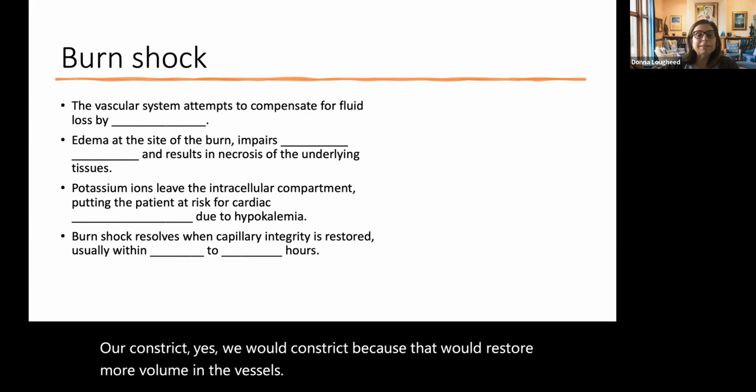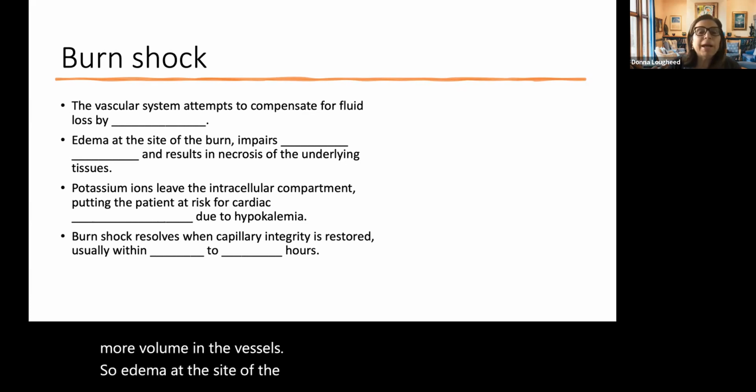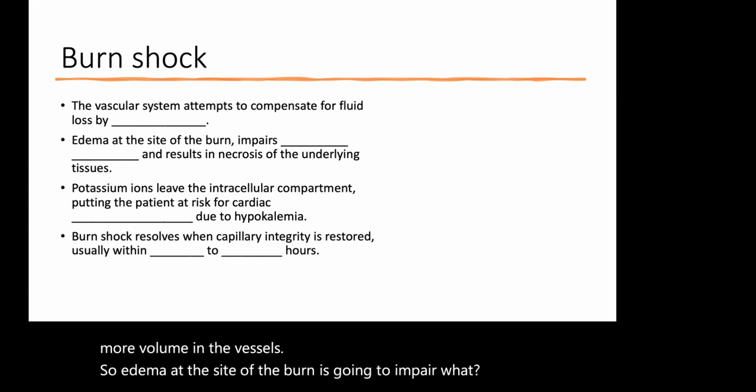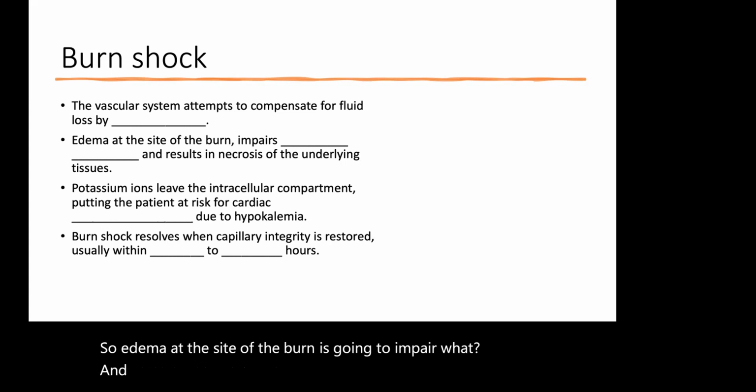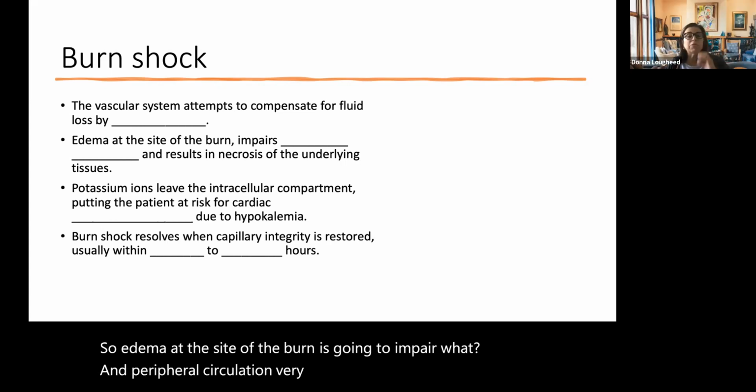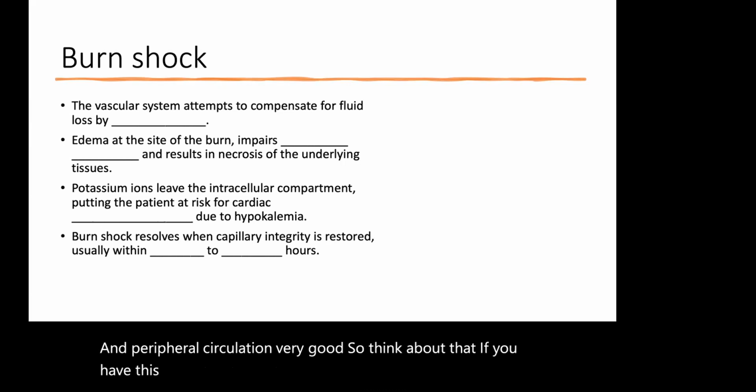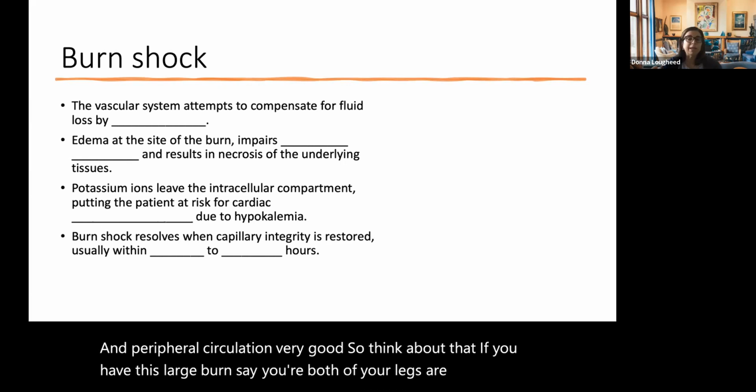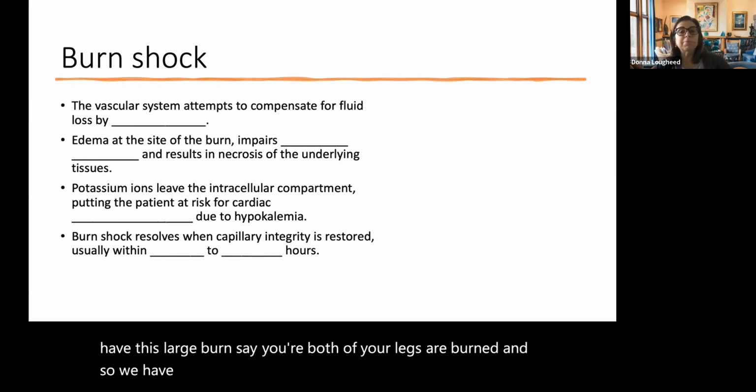So edema at the site of the burn is going to impair what? Peripheral circulation. Very good. So think about that. If you have a large burn, say both of your legs are burned, and so we have this fluid shift, right? These impaired capillaries.